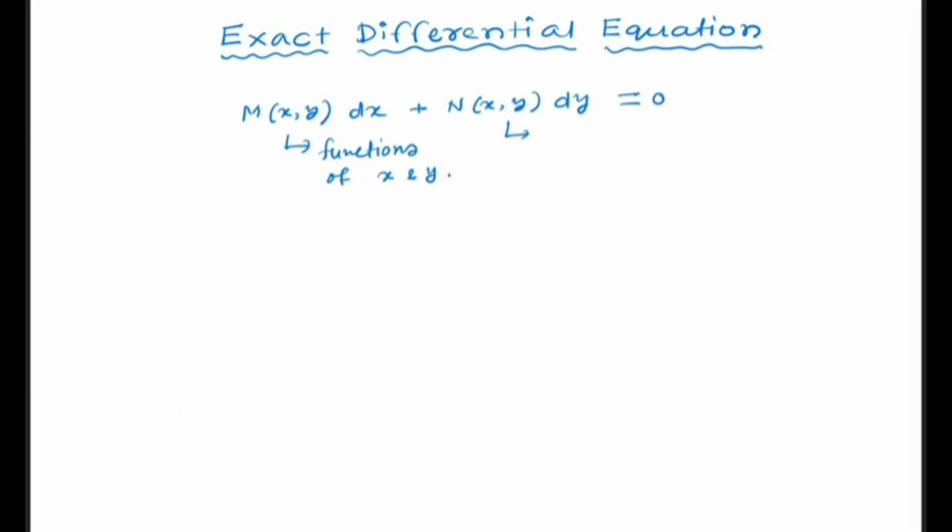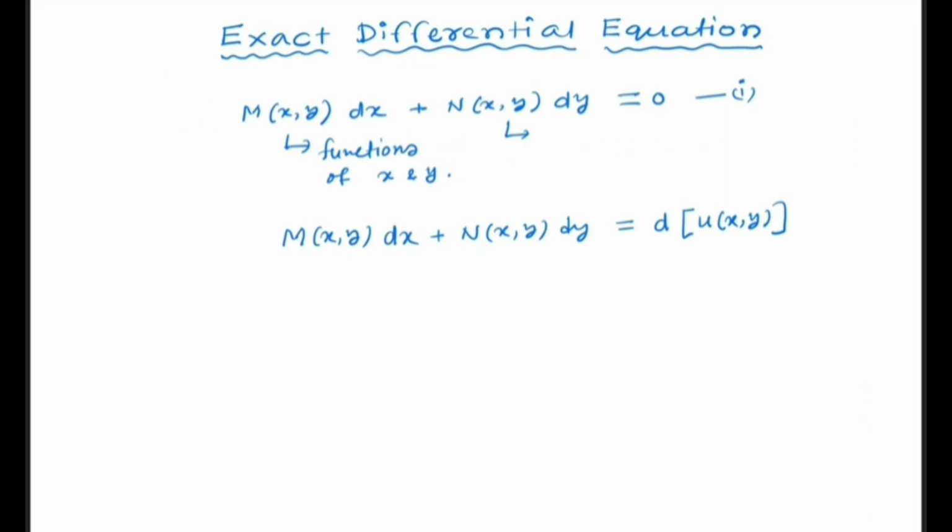Now, if M(x,y) dx + N(x,y) dy can be expressed as the differential of a function u(x,y), that is, we can write it as du, then we call this equation an exact differential equation.